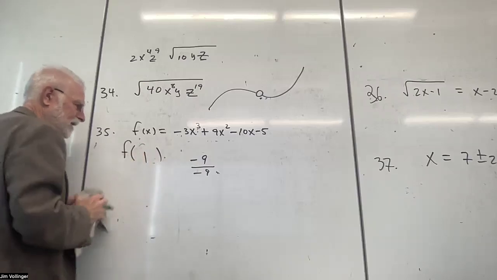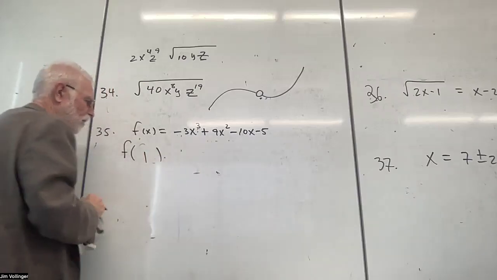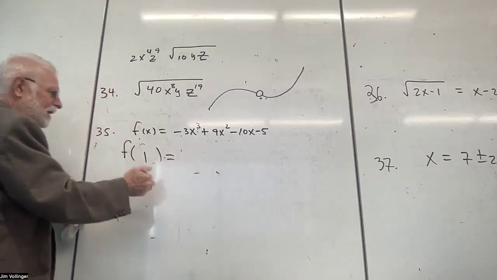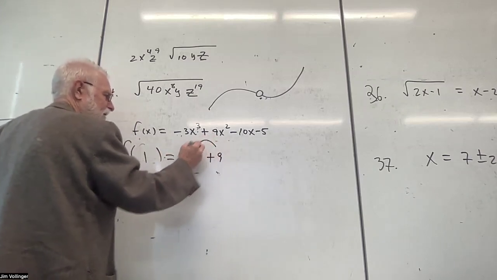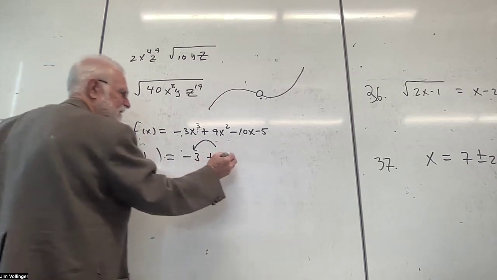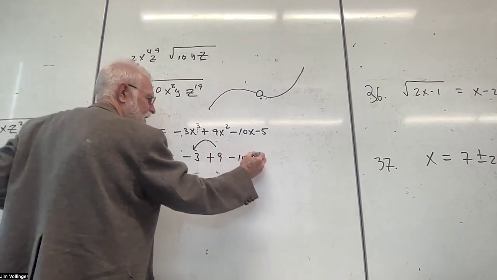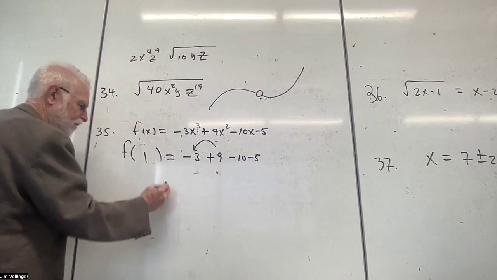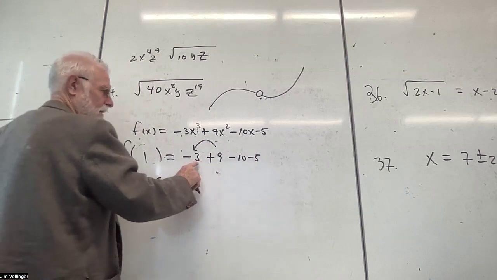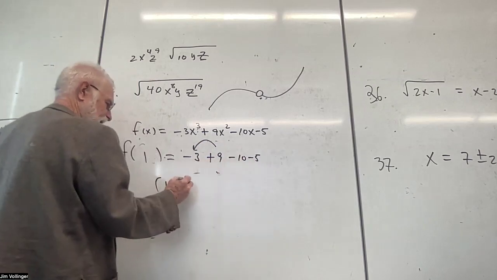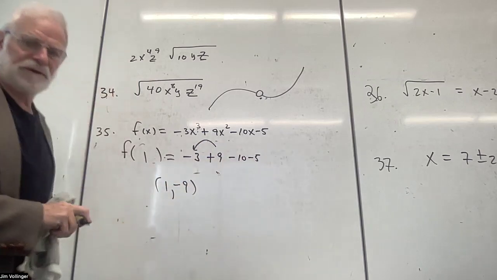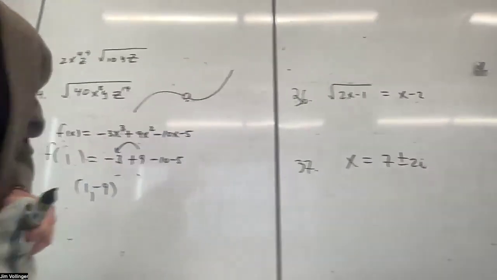I'm going to plug 1 in, and I hope I get a 3-to-1 ratio, opposite sign, or I've made a mistake. Negative 3, positive 9. Oh, I like that, 3-to-1 and opposite. That should sound familiar, minus 10, minus 5. So point of inflection, 1 comma, minus 18 plus 9, minus 9 is what I'm getting, and I got a backup. So if I made a mistake, we'll put it into the introductory comments.